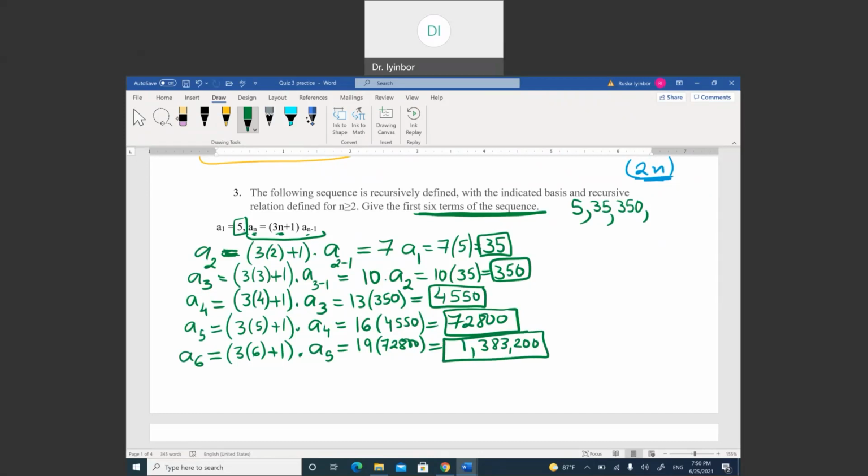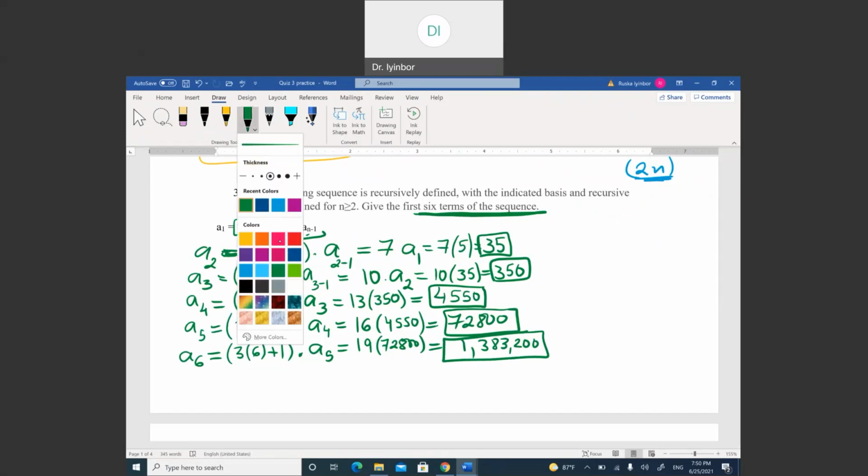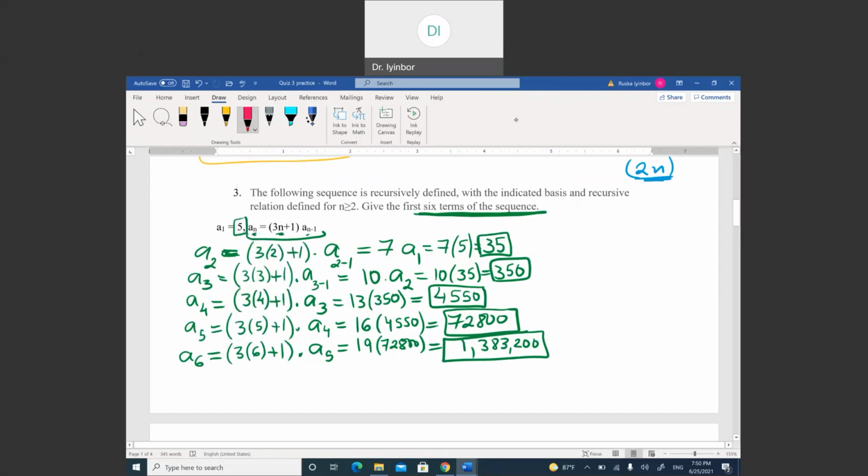Okay, I stopped listing them here because I don't have enough room, so I'm just gonna write them down here. So the answer is, this is my final answer. The sequence is, or I can just write it like this: 5, 35, 350, 4,550, 72,800, and 1,383,200.